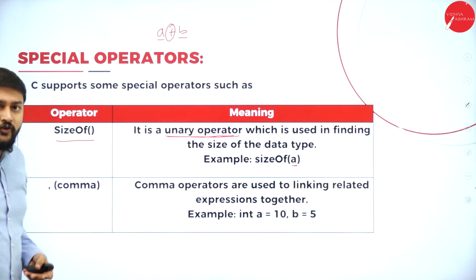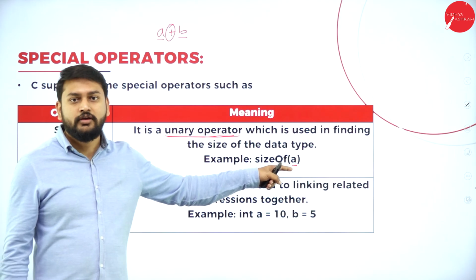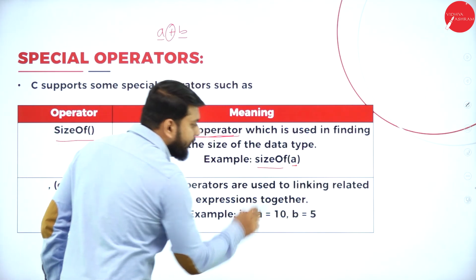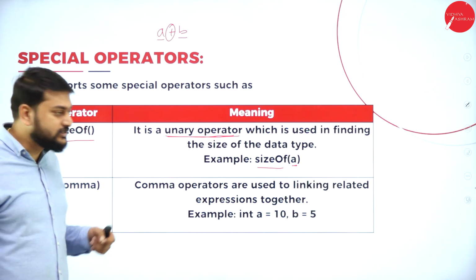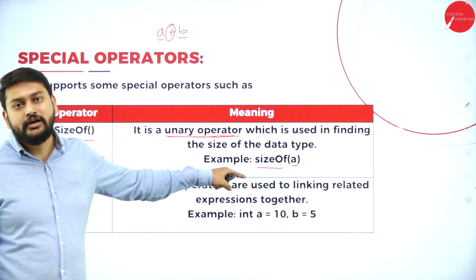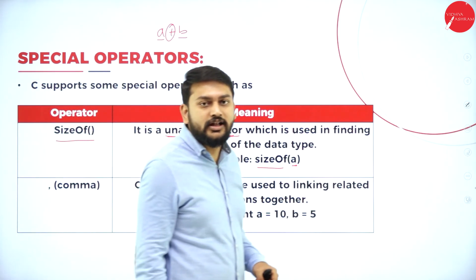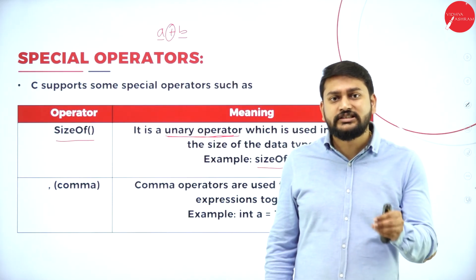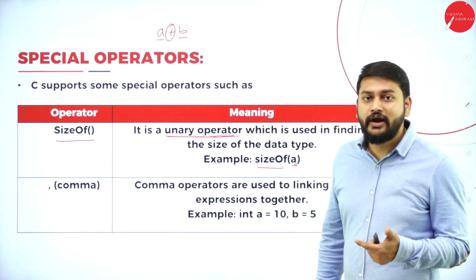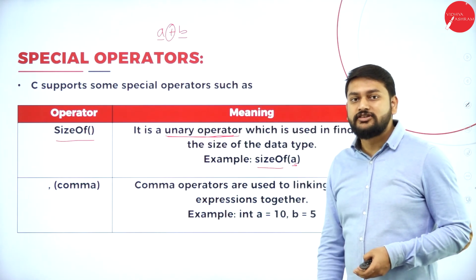I need to find the size of this a. So that's why I will be using the sizeof operator. What is the size that I have allocated for this variable? That is what I will understand with the help of the sizeof operator.